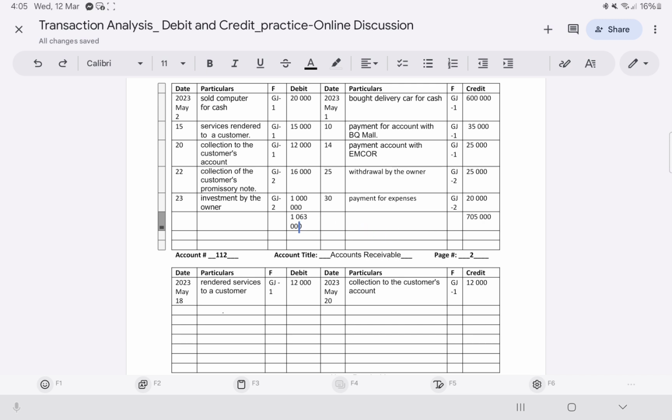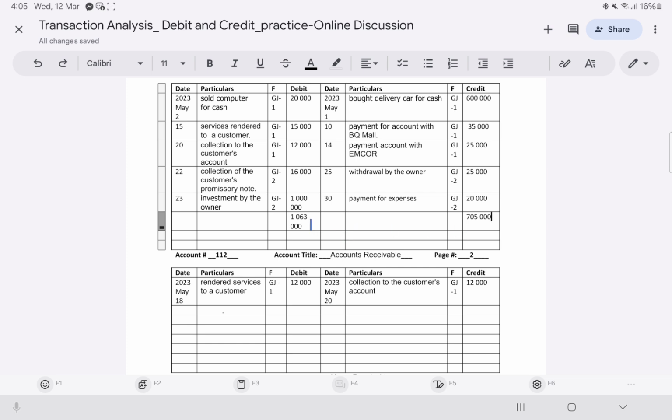Okay, so since this is debit and credit, you're going to subtract it. So 1,063,000 minus 705,000. So remember in your mathematics, the rule of the plus and minus. So in accounting also, we have debit and credit, no?